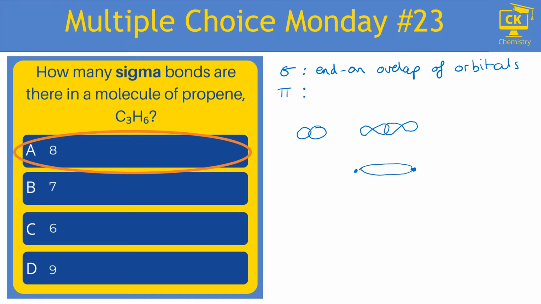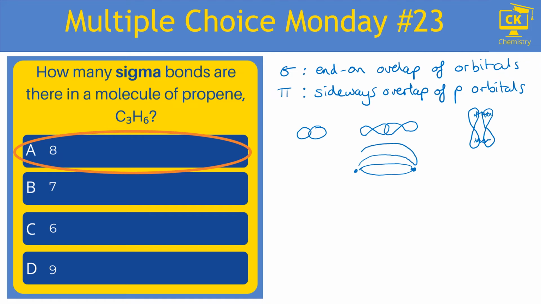And we should know how to draw a diagram that shows this area of a sigma bond in between two atoms, and then the pi bond is formed by sideways overlap, and it's always formed by overlap of p orbitals. What happens there is that the two p orbitals get close together, and then the top and bottom parts of the p orbitals can join together and form new orbitals, and this orbital would have this kind of shape.